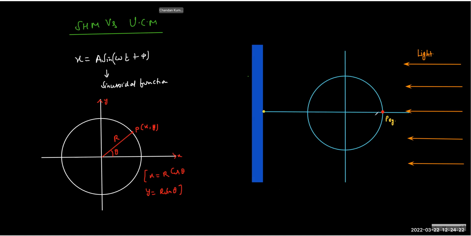Now, once the peg starts moving in this circle with constant angular velocity omega, after some time t, the peg will be somewhere here, right? Now, where is the shadow? Now you can see the shadow is here.